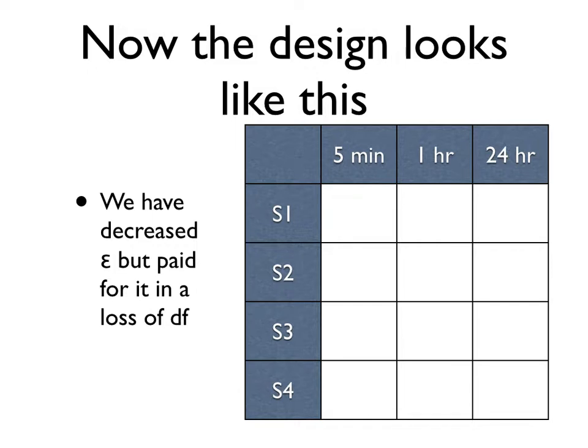But because the degrees of freedom for error go down, our critical value of F is going to get bigger as well. So while we get a bigger obtained F when we calculate it, we also have to exceed a bigger F, because we've paid for it by decreasing the degrees of freedom for error. I'll show you this in a more concrete way in just a moment. We can't decrease error without paying for it.